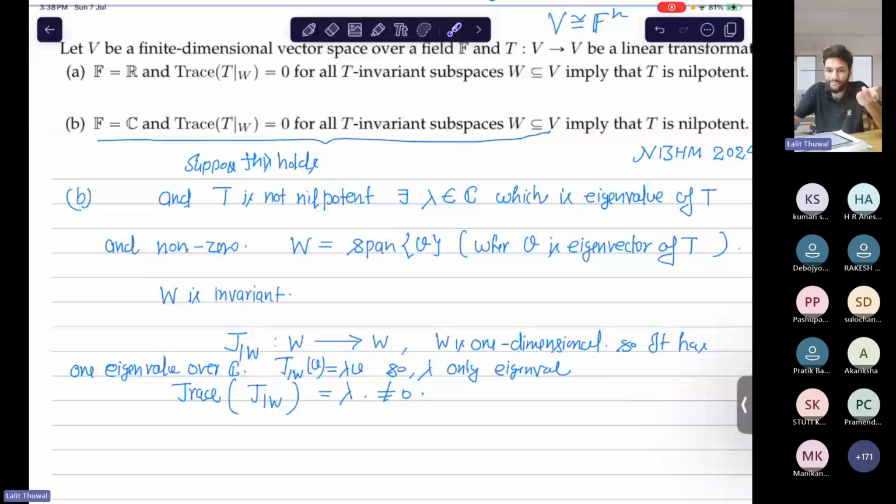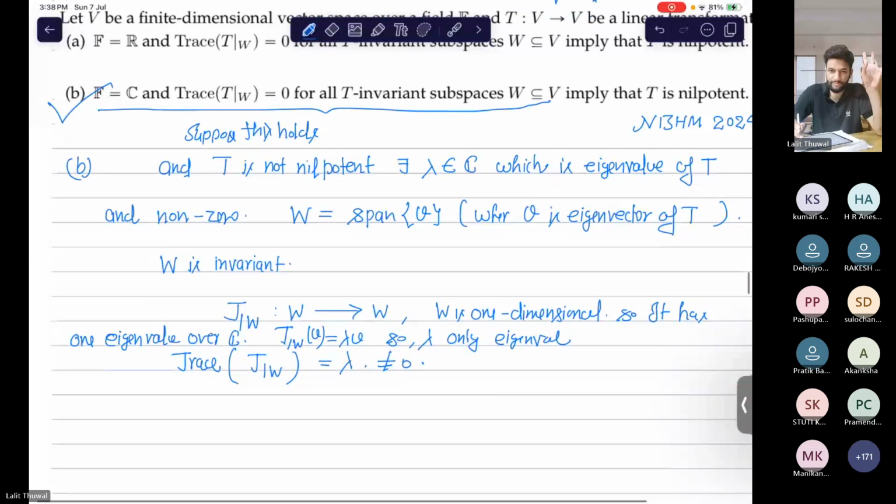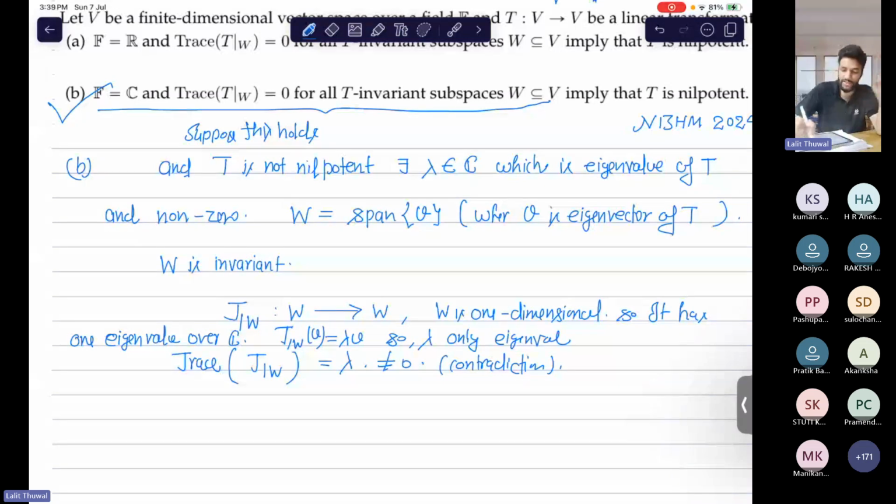So we get a contradiction to the hypothesis. Our assumption is wrong that T is not nilpotent. T must be nilpotent. Is it clear to everyone?